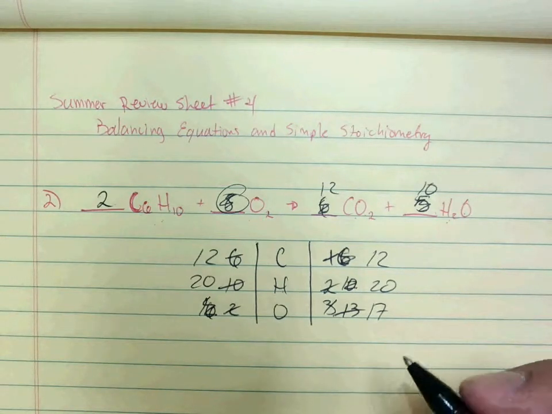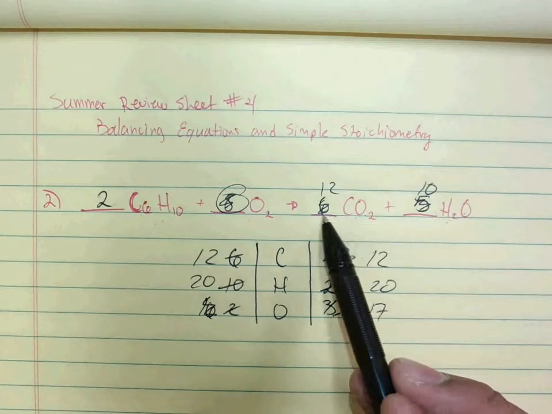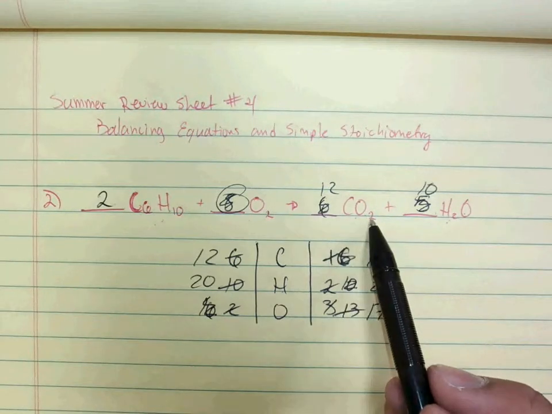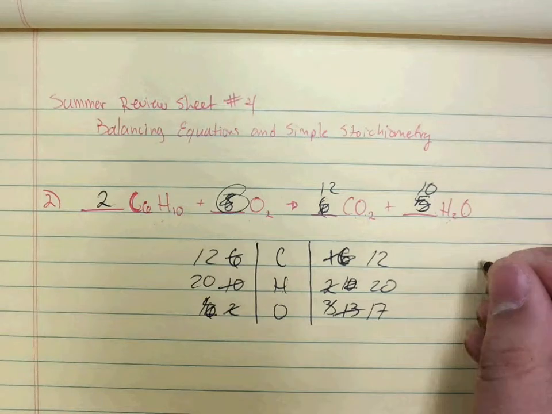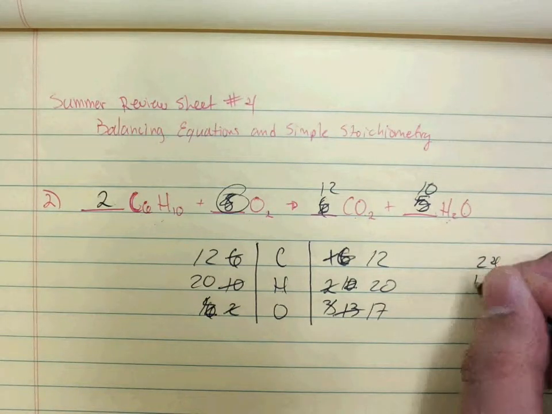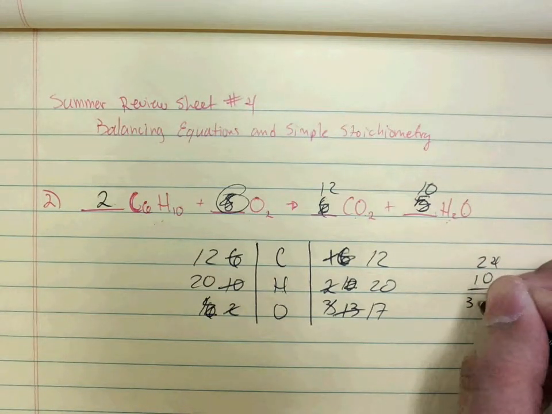Oxygen is the issue here. So 12 times 2 is 24. Plus 10. 24 plus 10, that is 34.